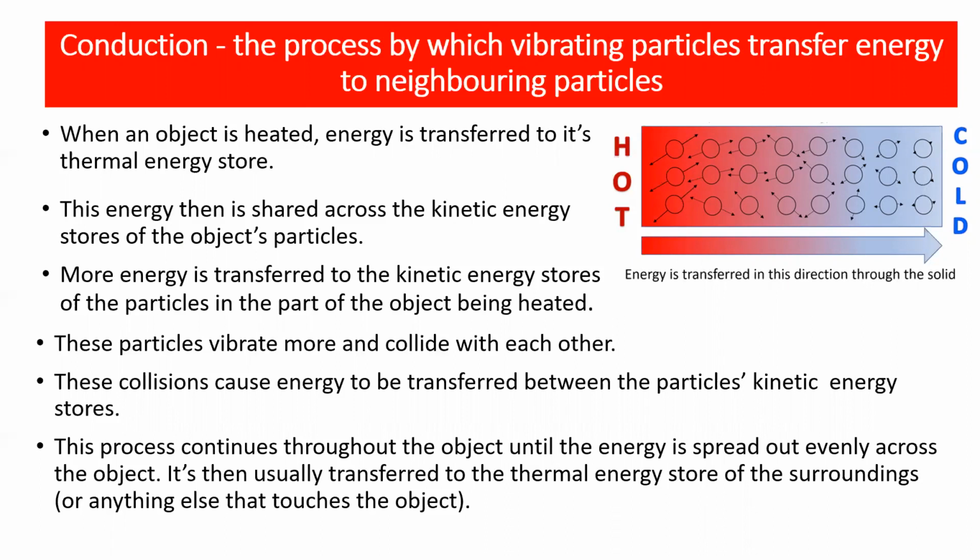And because it's been heated at one end, more energy will be transferred to the kinetic energy stores of the particles in the part being heated. And as I said previously, these particles will then vibrate more and collide with each other. And it's these collisions that cause energy to be transferred between the particles' kinetic energy stores. And this process will continue throughout the object until the energy is spread evenly across the object.